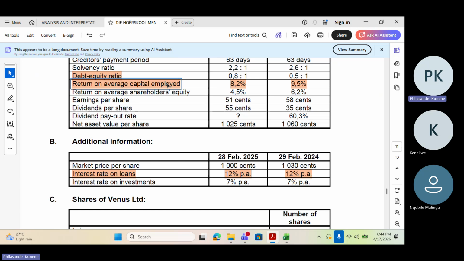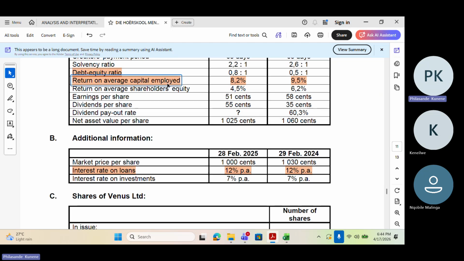If you remember the formula, it says net profit before tax and interest expense over average shareholders equity plus the loans, which is average total capital employed.